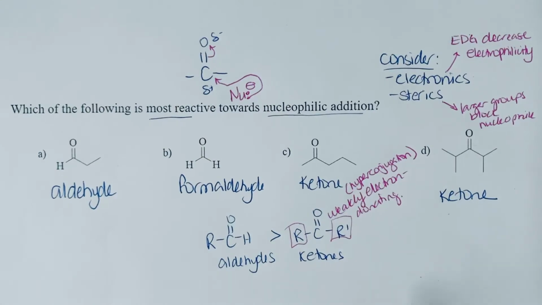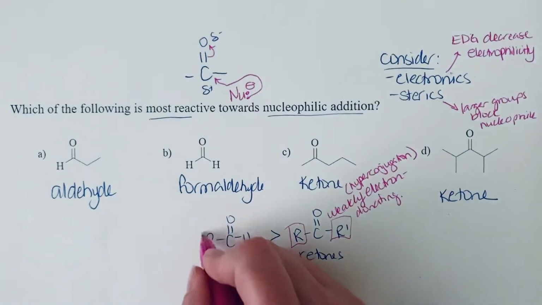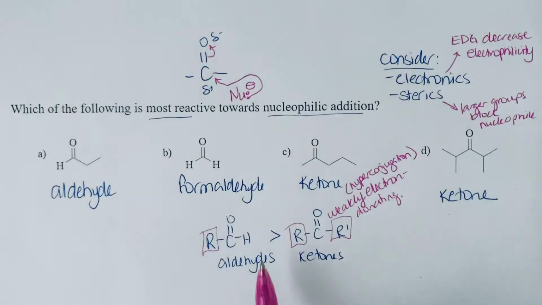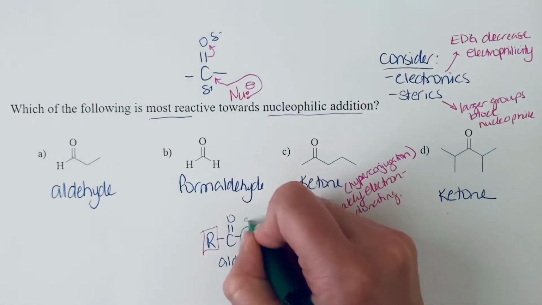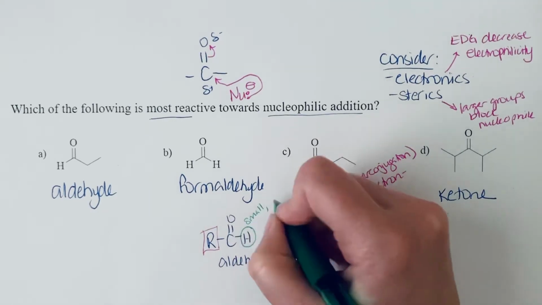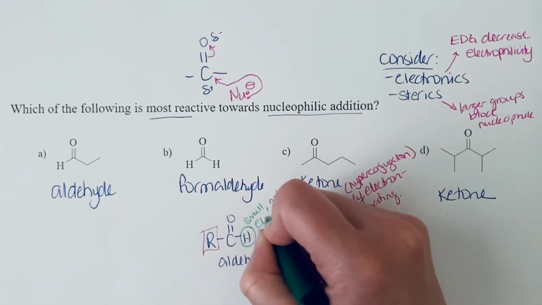All right, and so that's what makes our ketones less reactive than our aldehydes, because on your aldehyde, you only have one of those groups, and the other side you have a hydrogen, and hydrogens are not electron donating, okay? And there's also a steric effect as well, because this hydrogen here is small. So this is small and not electron donating.